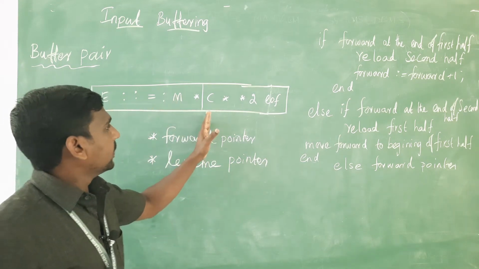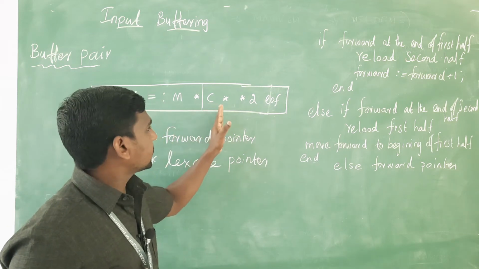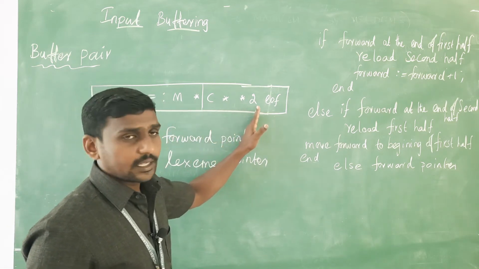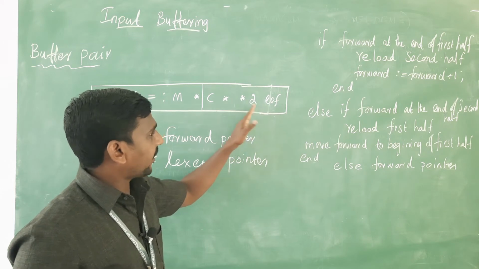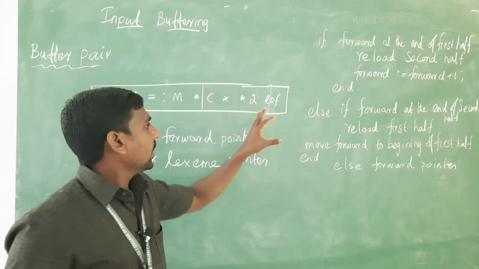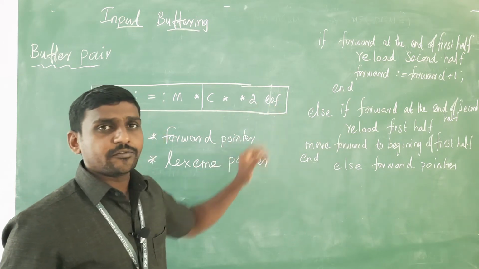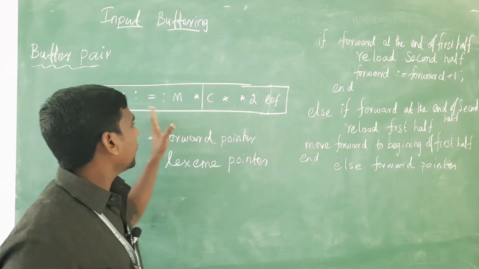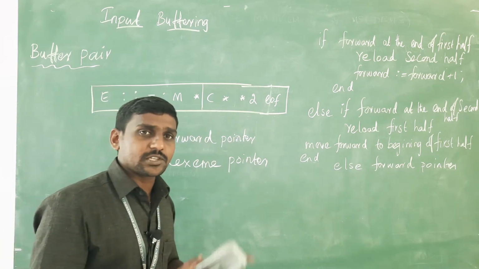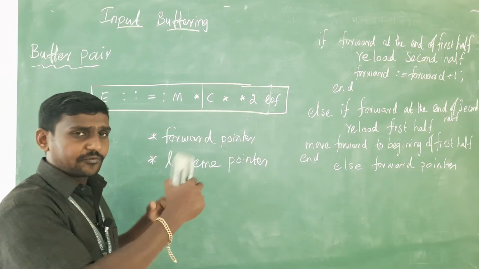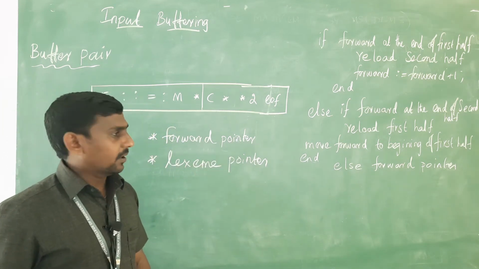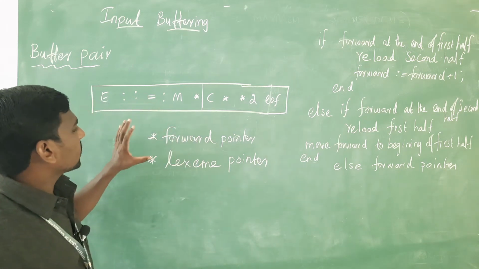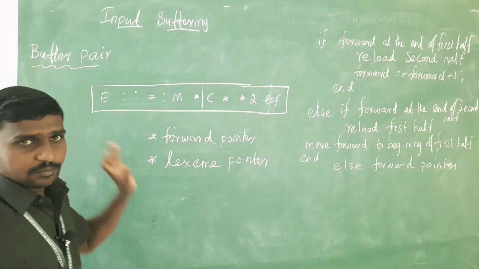Similarly it scans the second half of the buffer, and if it finds the character, it places it into the buffer, and when it reaches EOF, it says that all the scans must be over, every token must be identified and placed into the buffer. This is the concept we are using in a buffer pair.